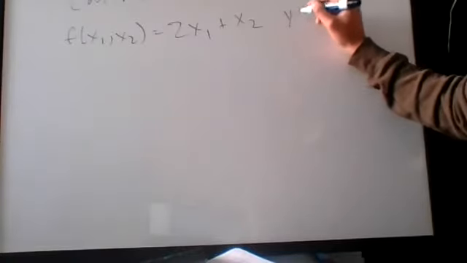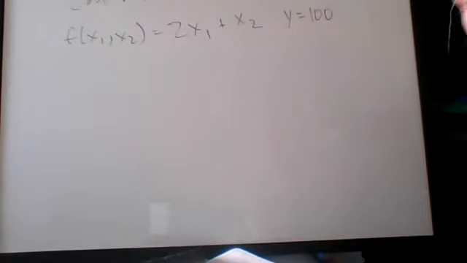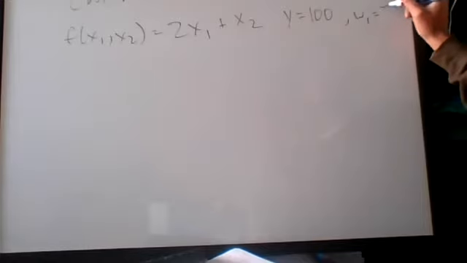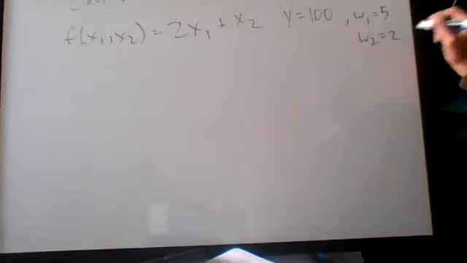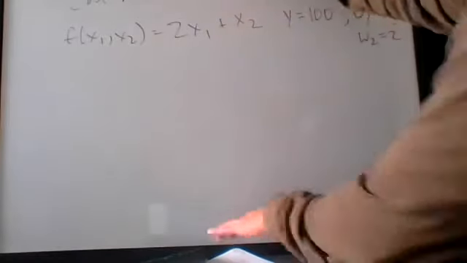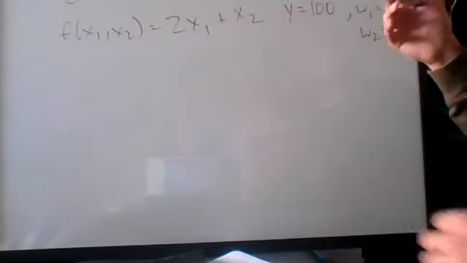And we say that y is, let's say, 100 again, and that w1 is equal to 5 and w2 is equal to 2. We want to see what is the cost-minimizing way of producing 100 units.